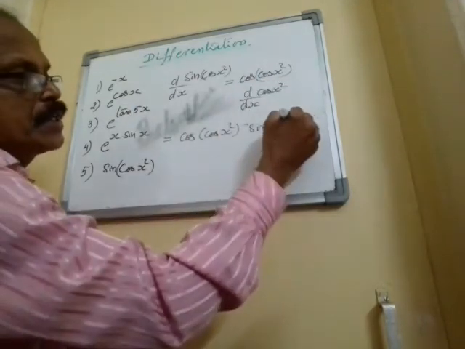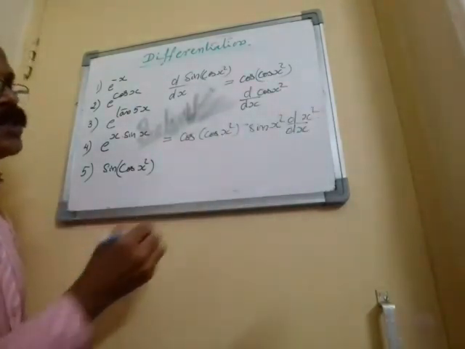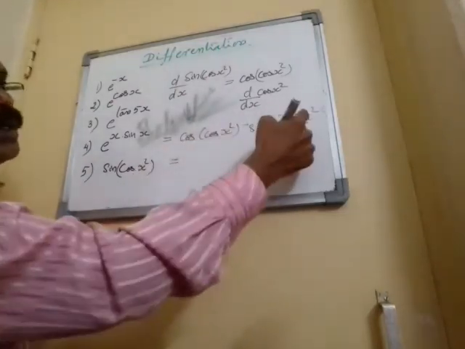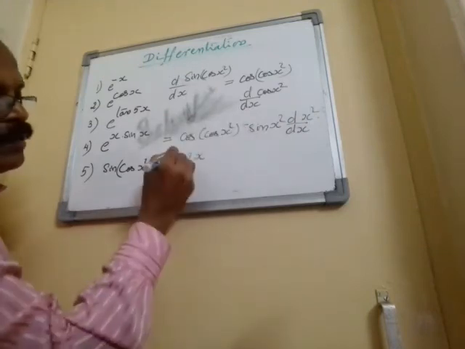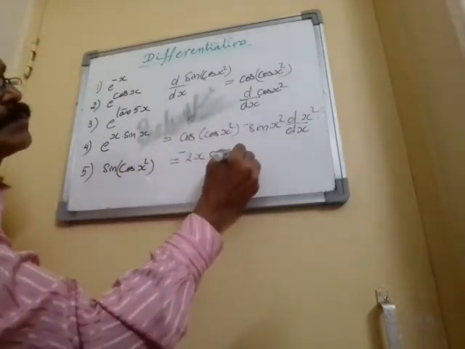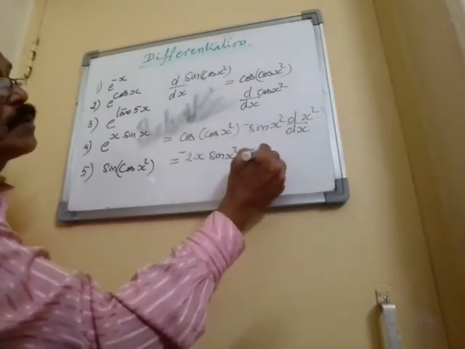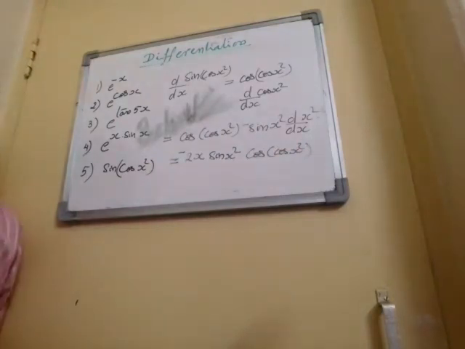Again you have to differentiate d by dx of x square. So derivative of x square is 2x. Here the minus sign we can take to the beginning, sin x square, and the last term is cos x square. So the final answer is minus 2x into sin x square into cos x square.